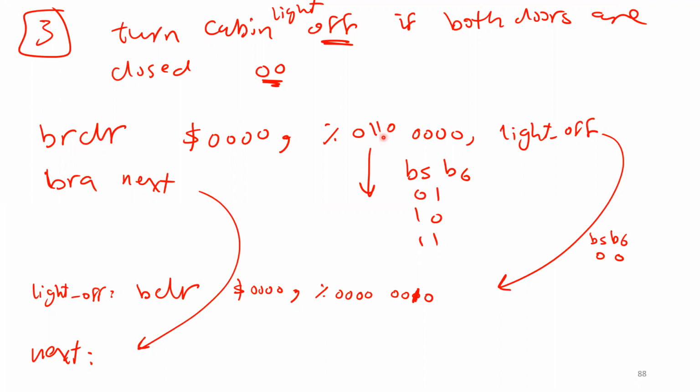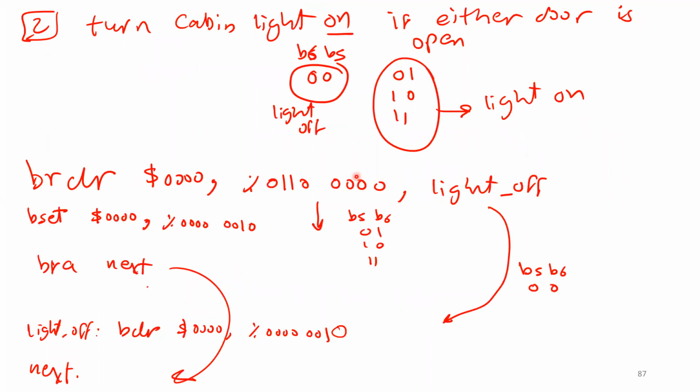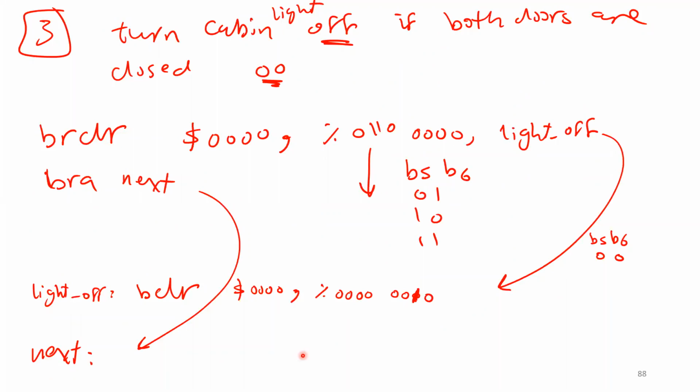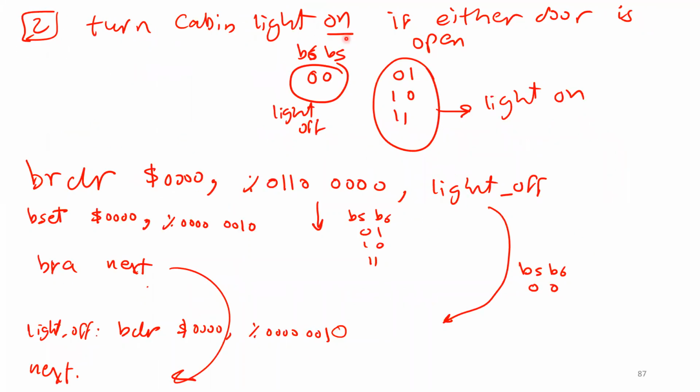If these two bits are clear, 0 0, I'm going to branch to here so that you turn the light off. I think it's very close to the previous one, but there is a small difference. In the previous one, I wanted to turn the light off if both are zeros, otherwise turn it on.